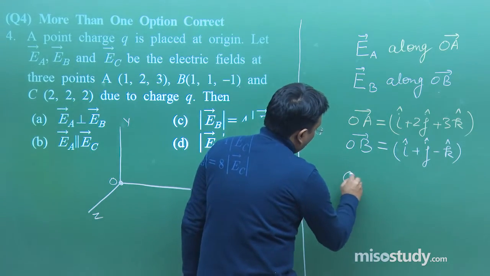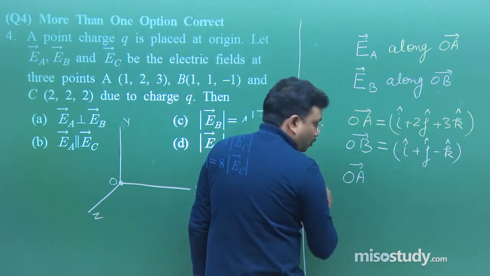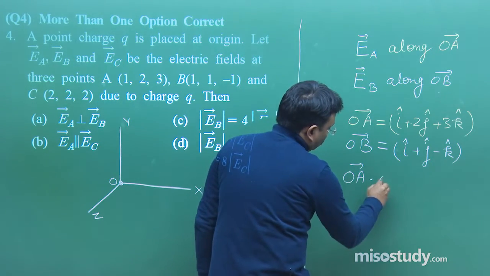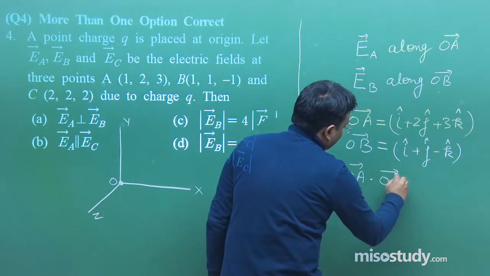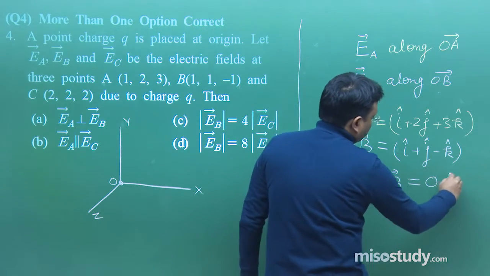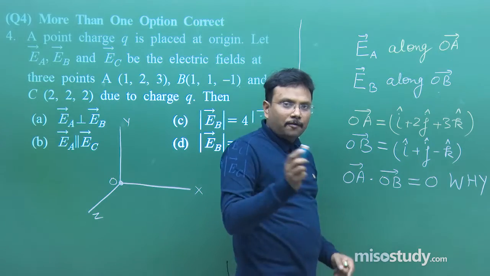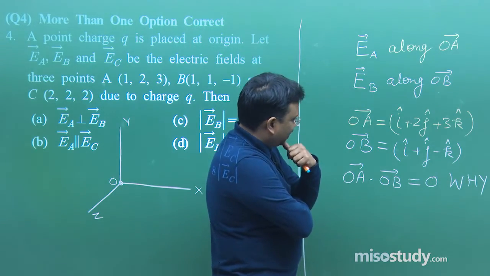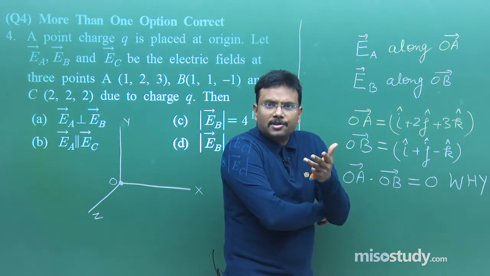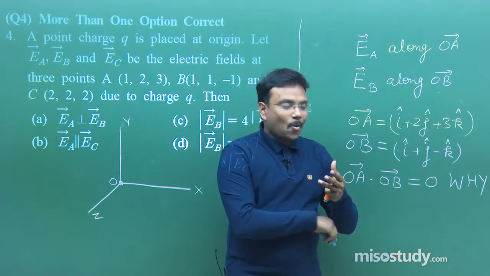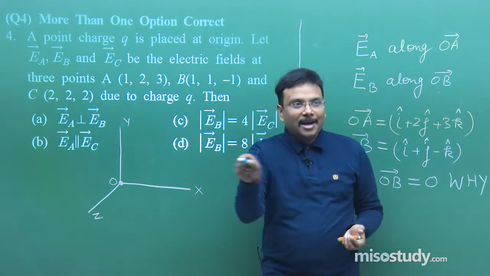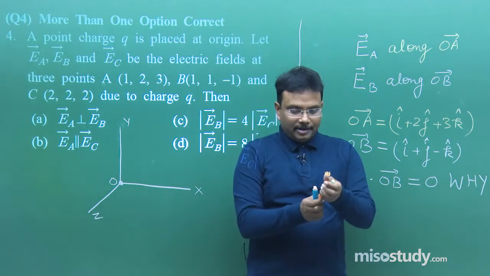Do one thing, OA dot OB is equal to 0. Many of you will say OA dot OB directly is equal to 0, how exactly possible? Come on. What is the direction of x and y with each other? 90 degree.